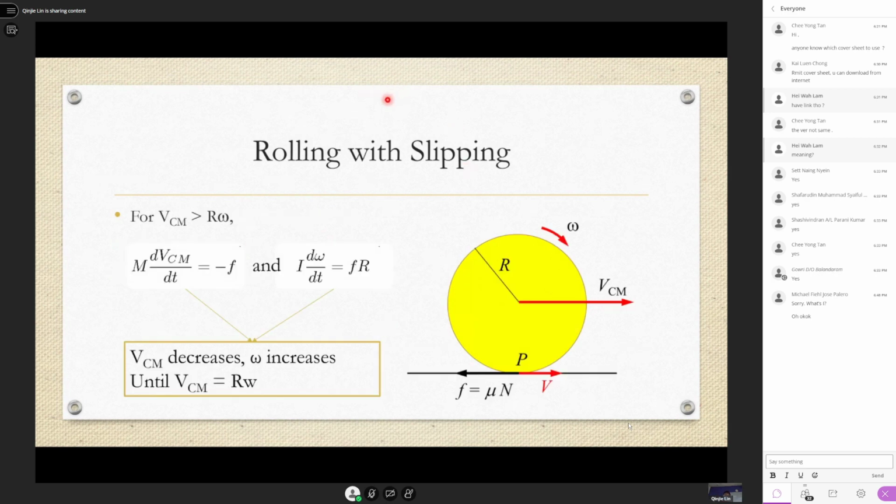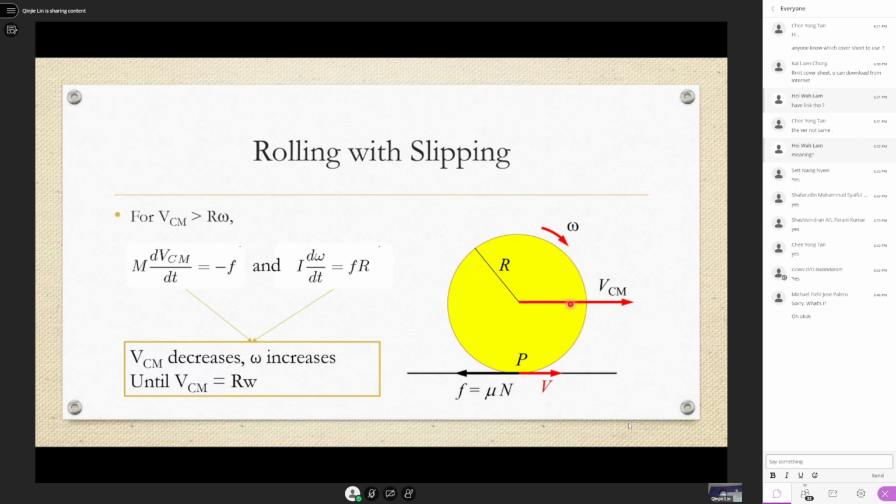So there are mainly two scenarios for rolling with slipping. The first one is V_CM greater than R omega. What does this mean? V_CM is the translational speed of this ball. It is moving forward faster than it is supposed to rotate.